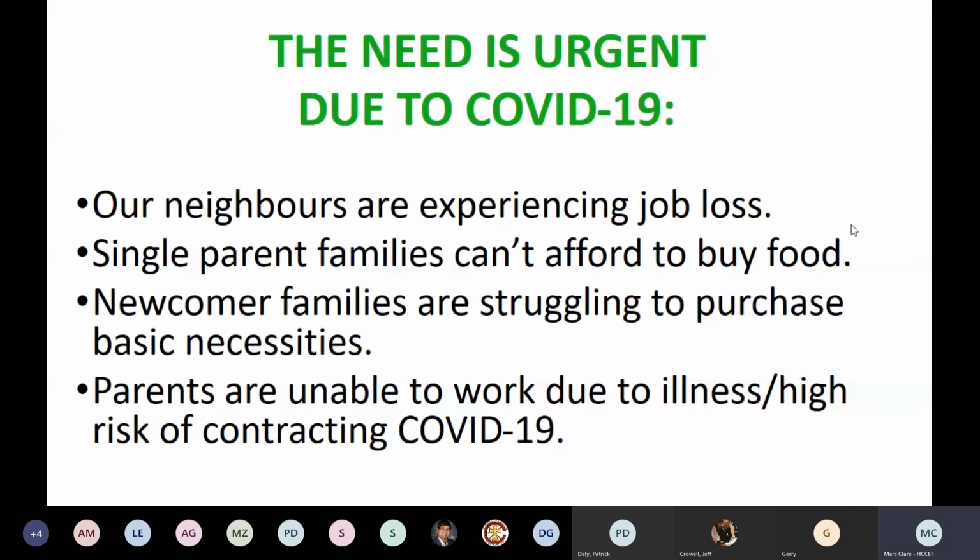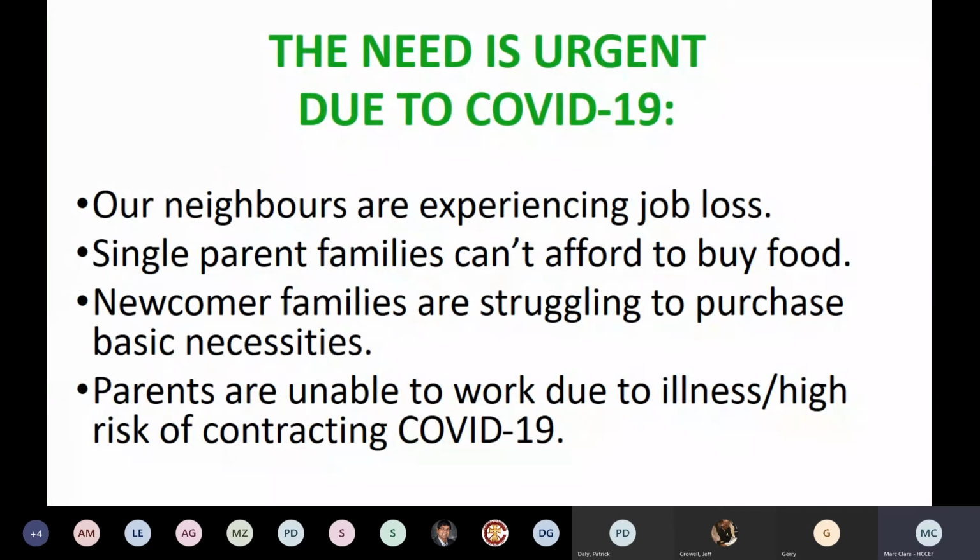As Jerry had alluded to earlier, the need has definitely ramped up. For those not familiar with how the application process goes, a school will identify a student or family in need, and then they can apply to the Children's Foundation for financial assistance.